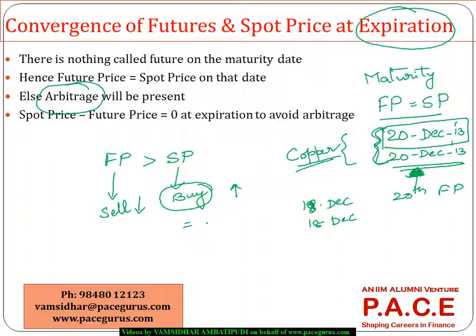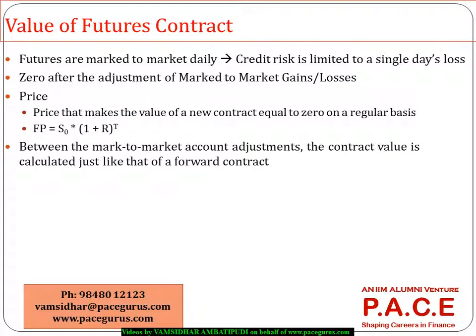So we can safely assume that on the expiration date, the futures price will be equivalent to the spot price. That is what we mean by the statement that futures price and spot price converge at the expiration date. That's one major concept we have to be comfortable with.